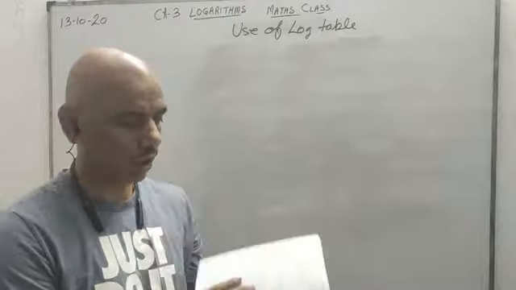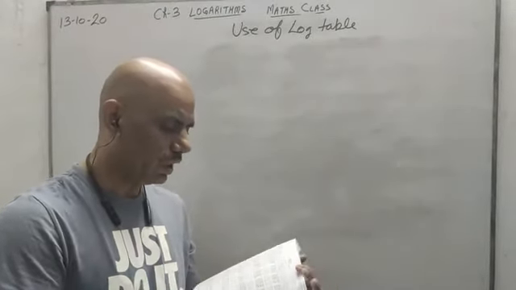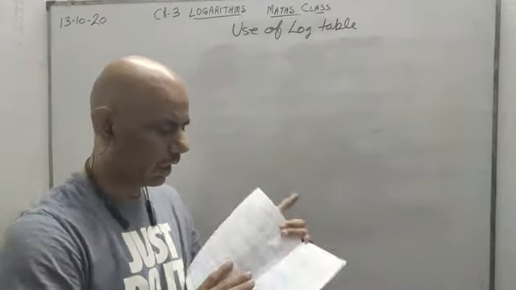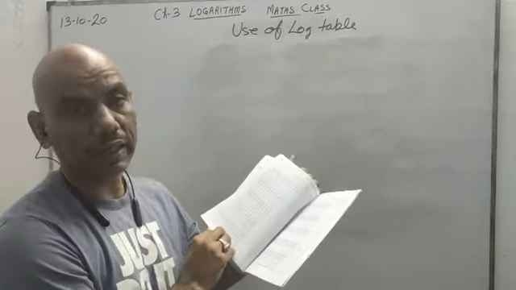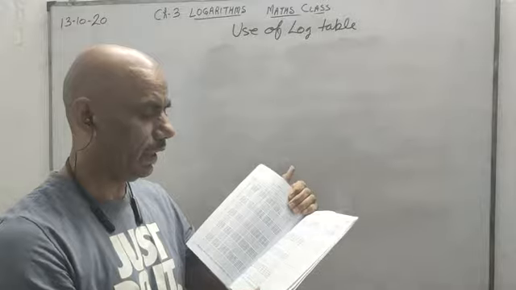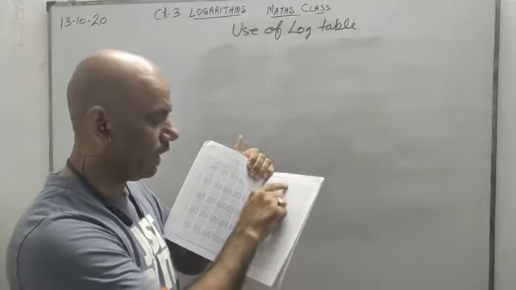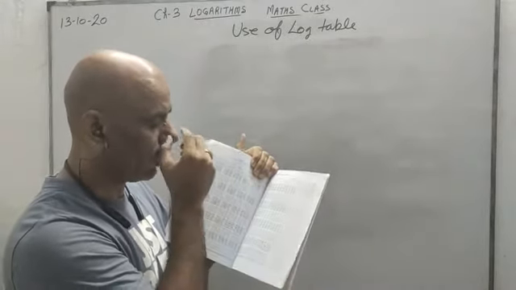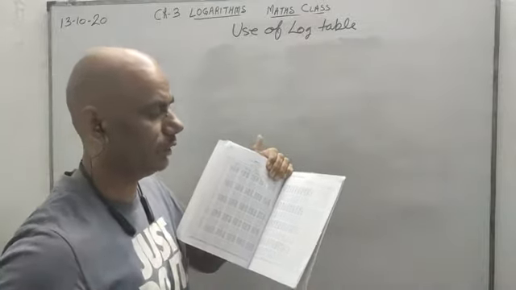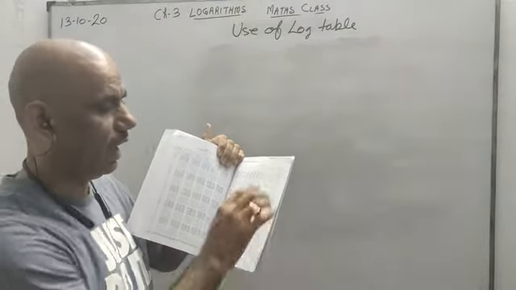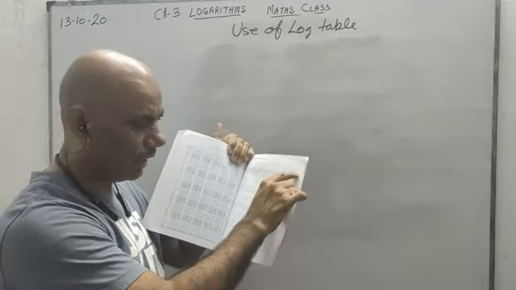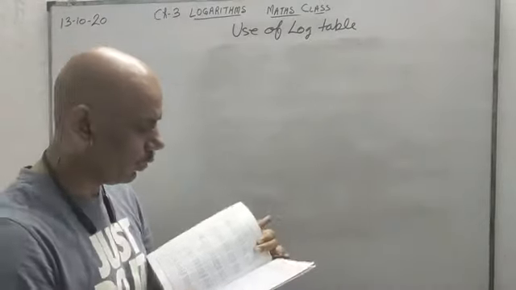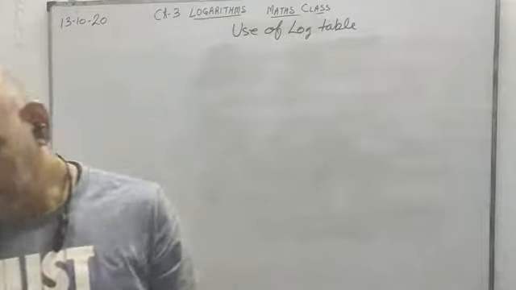Here is the log table. You can see that in this log table the numbers written are 10 to 99. And on the top there are 10 columns, written 0, 1, 2, 3, 4, 5, 6, 7, 8, 9. And thereafter it is written as mean difference. Mean difference again has 9 columns. Now I am going to tell you how to use it.